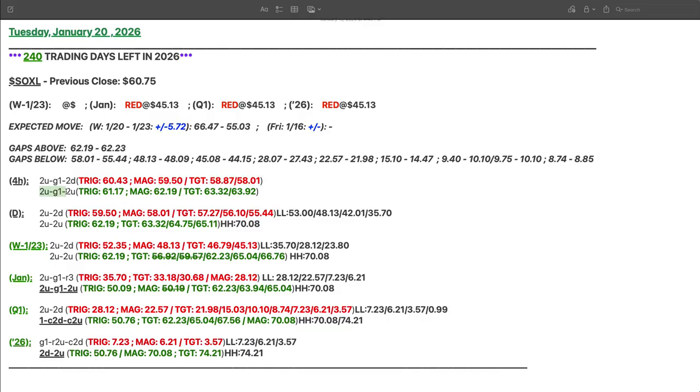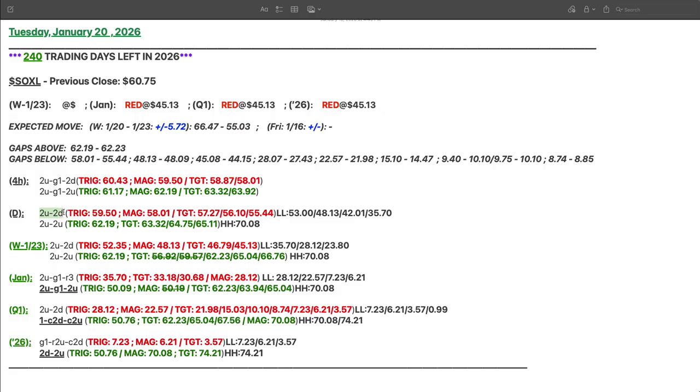To the upside, we would have a 2-1-2 up continuation, triggering at 61.17, magnitude 62.19, so about another $1 there as well. But we do have the 62.23 as the gap close, so that's up in that level as well. And then we've got some extended targets out here for you also.